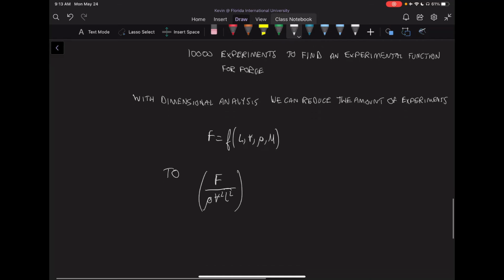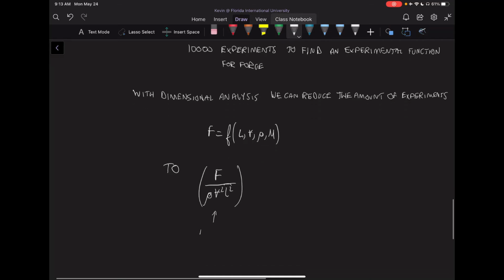If we make it essentially non-dimensional, we can say that now our system is going to be a function g, so a different function, of density times velocity times length over mu.